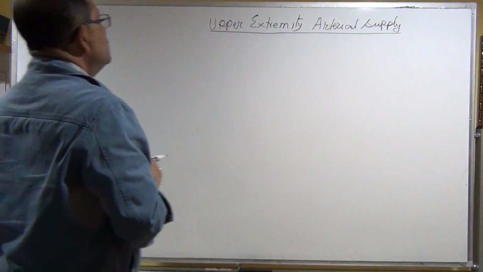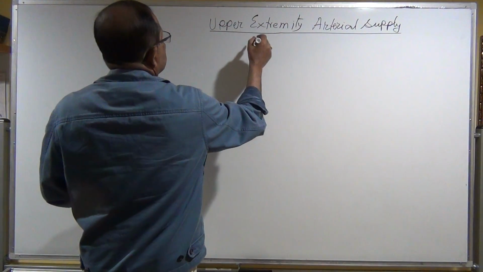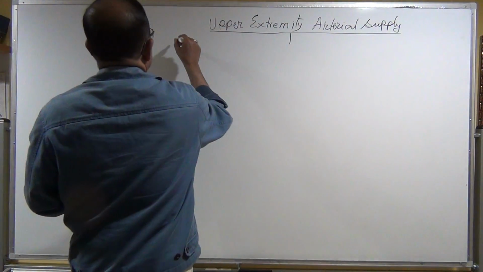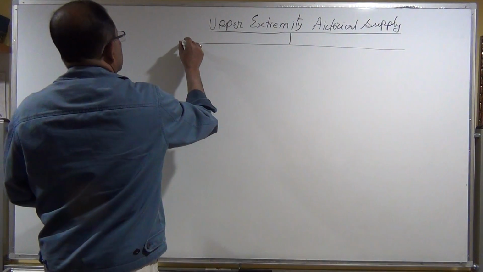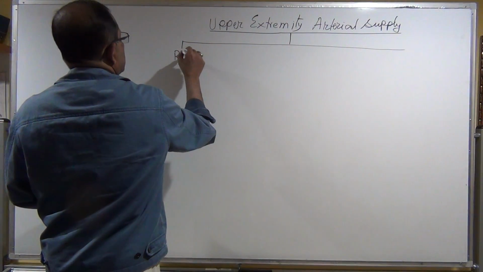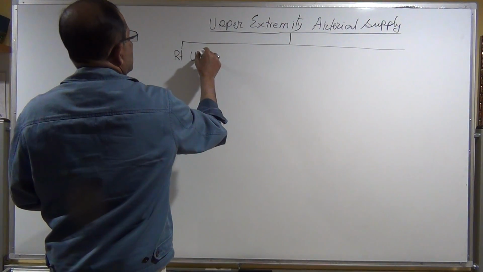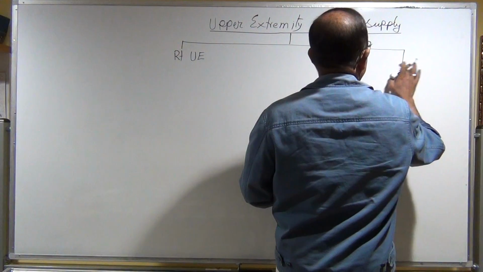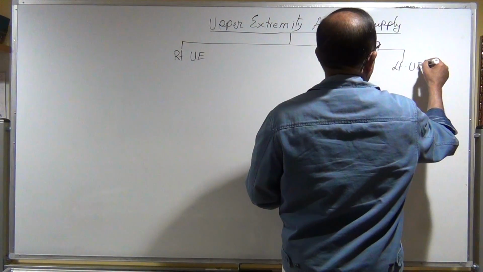So now, the upper extremity arterial supply: there is a right upper extremity and a left upper extremity.